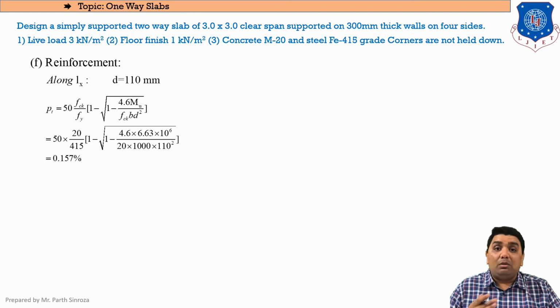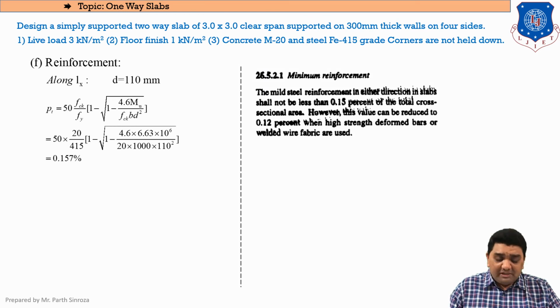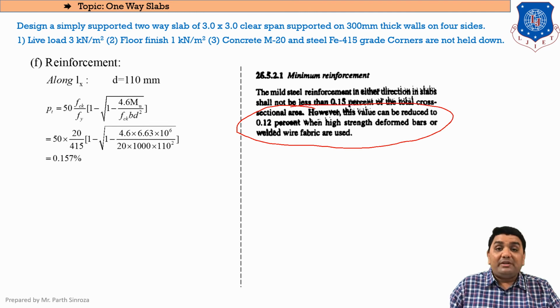But in this case, in both the axes, the main steel has been prescribed, and we are dealing with design in all directions, that is X direction as well as Y direction. So bent up bars are compulsory, and for that we need to check what is provided in our IS code. As you can see here, for HYSD the minimum reinforcement should be 0.12%. We have already seen this.